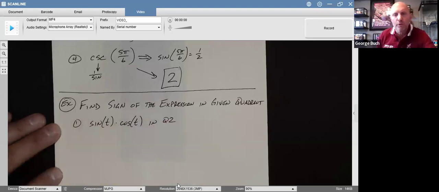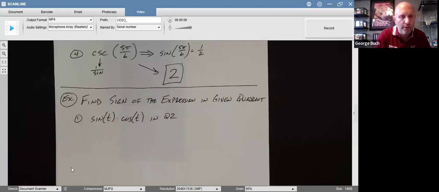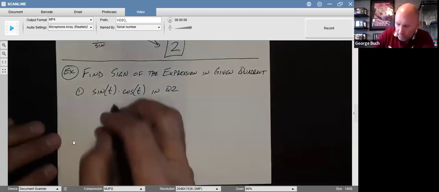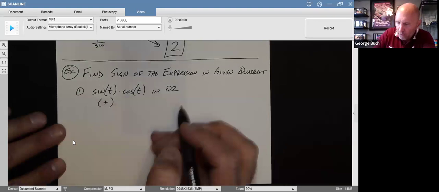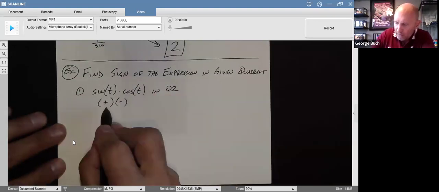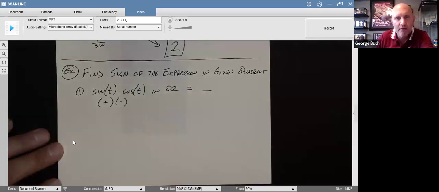So again, this is where you're going to use the all students take calculus little grid, if you don't know it already by heart. So sine of t in quadrant 2 is positive. Cosine in quadrant 2 is negative. So positive times negative is negative. So this answer would be a negative answer if I took sine of t and cosine t and they were both in quadrant 2.